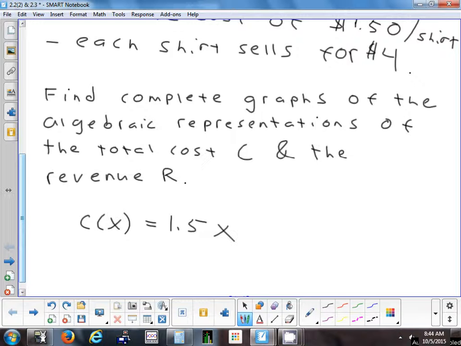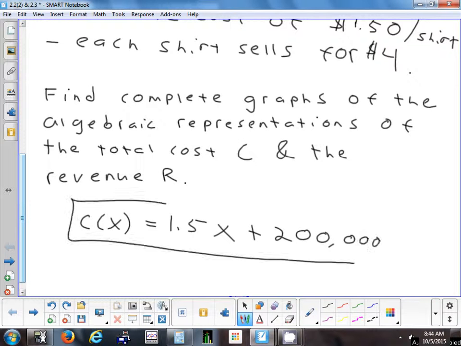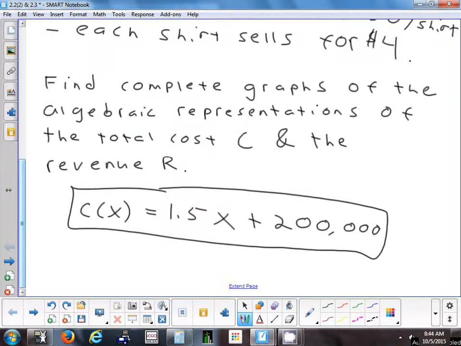They pay $1.50 for every shirt they make, plus the fixed cost of $200,000. That's it. There's your cost. Any question on that? So when we graph that, we're going to be thinking some pretty big numbers. It has a y-intercept up at 200,000. So we're going to have to set it pretty high.